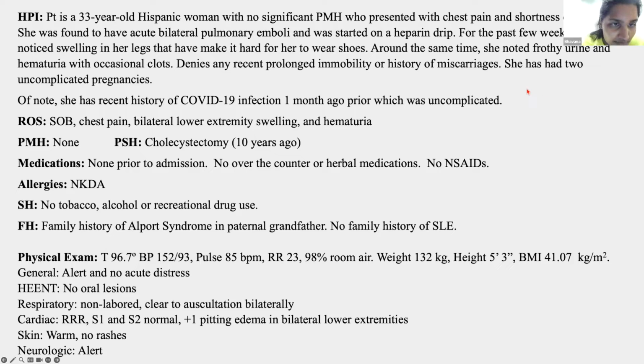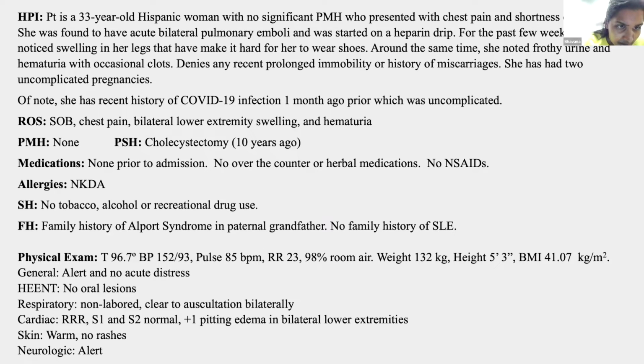She has a family history of Alport syndrome in her paternal grandfather, and no family history of SLE. On physical exam, she was afebrile, blood pressure 152/93, pulse 85 beats per minute, respirations 23, 98% on room air. She weighed 132 kilograms, height 5'3", BMI 41.07.